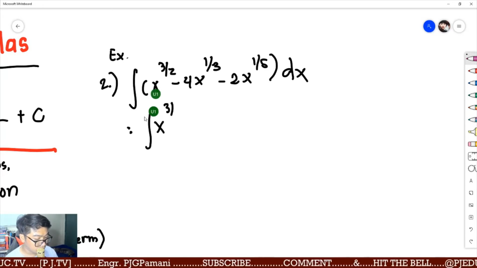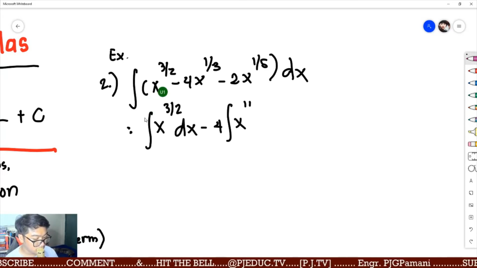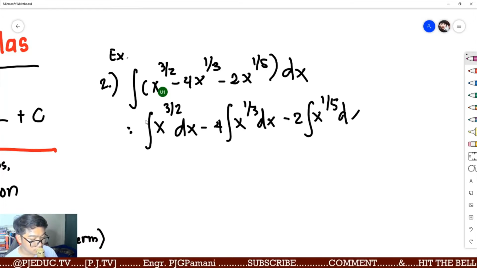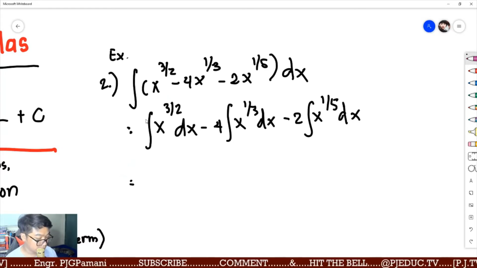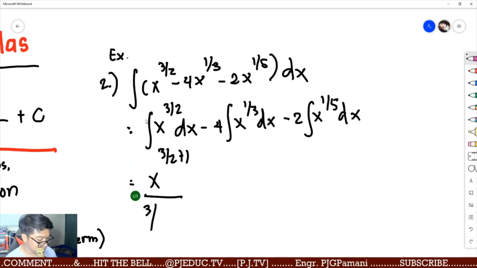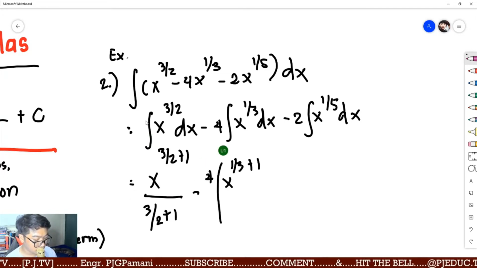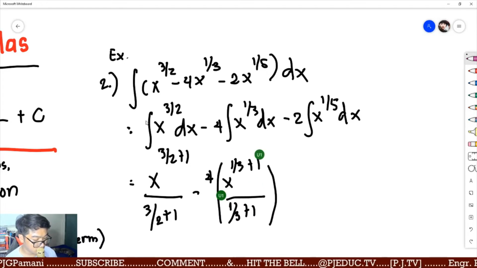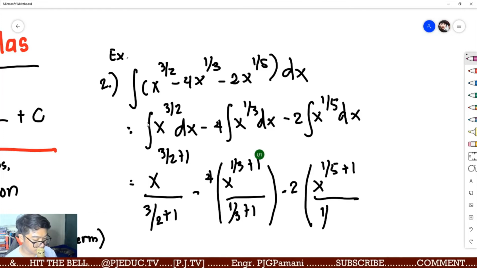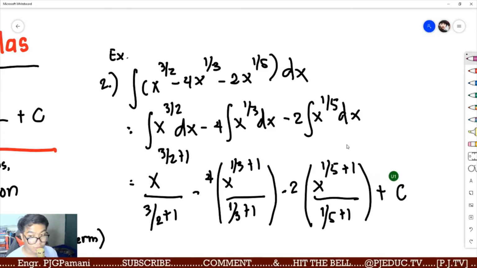So, x raised to 3 halves dx minus 4 x raised to 1/3 dx minus 2 x raised to 1/5 dx. Then, same process: x raised to 3 halves plus 1 over 3 halves plus 1, minus 4 x raised to 1/3 plus 1 over 1/3 plus 1, minus 2 times x raised to 1/5 plus 1 over 1/5 plus 1. Then, plus your integration constant.